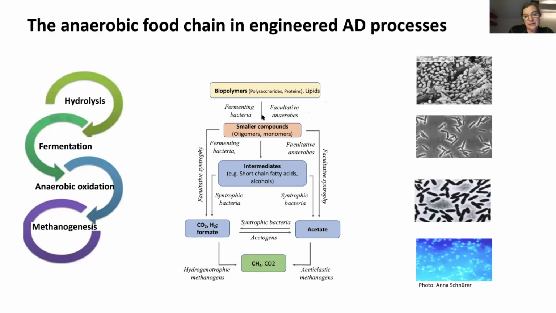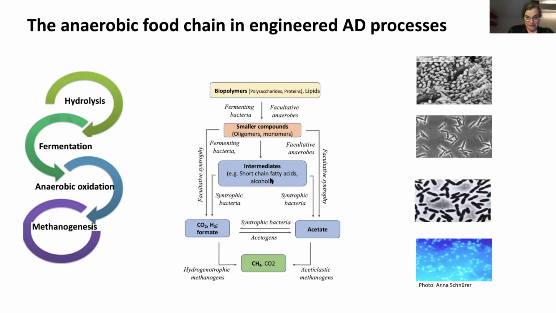This is done by fermenting bacteria, but also by facultative anaerobes. And these smaller compounds are further degraded to so-called intermediates. They are short-chain fatty acids, alcohols, lactate, for example. This is partly done by the same bacteria as here, but also by other bacteria, which cannot do the first step, but they can use the smaller compounds.